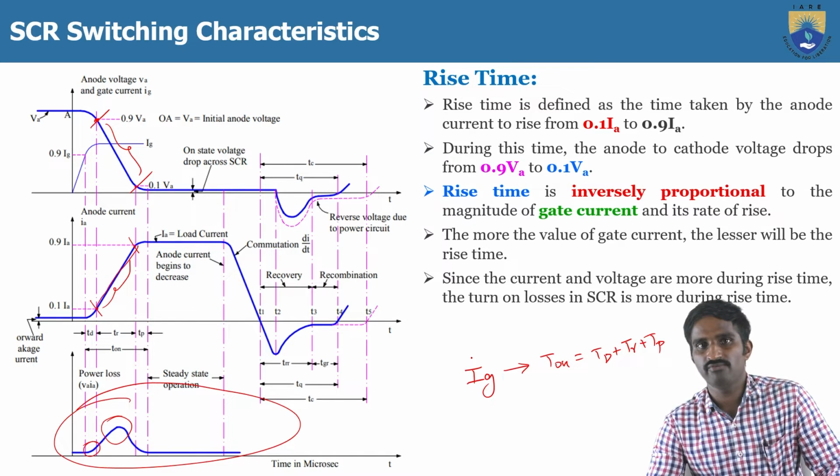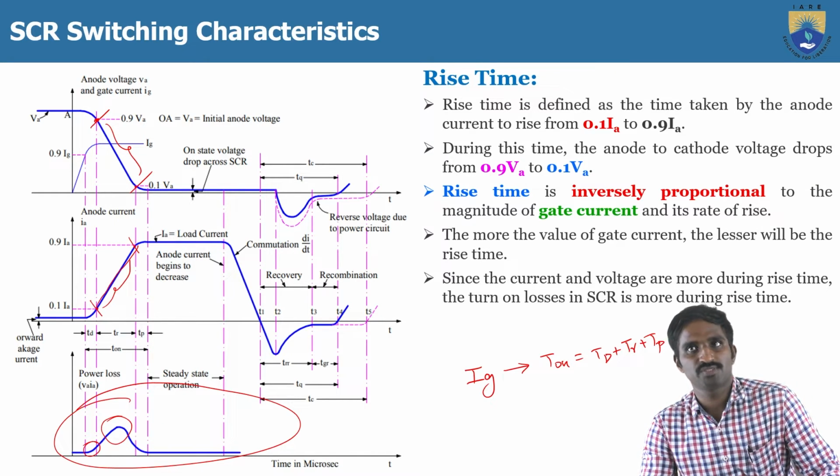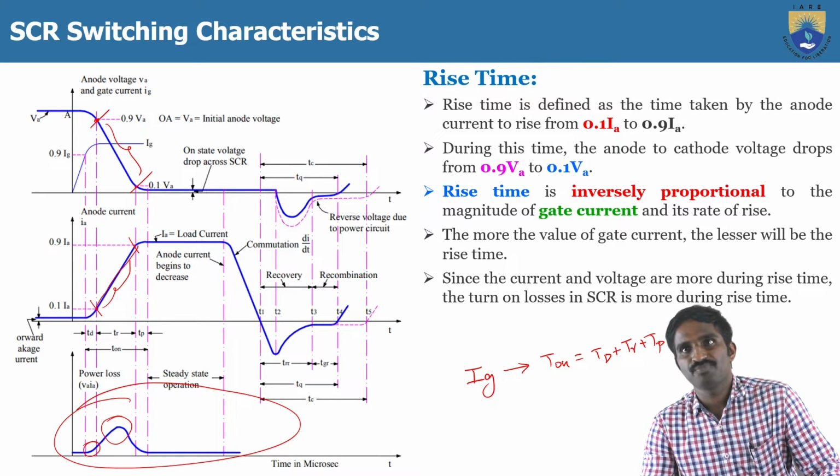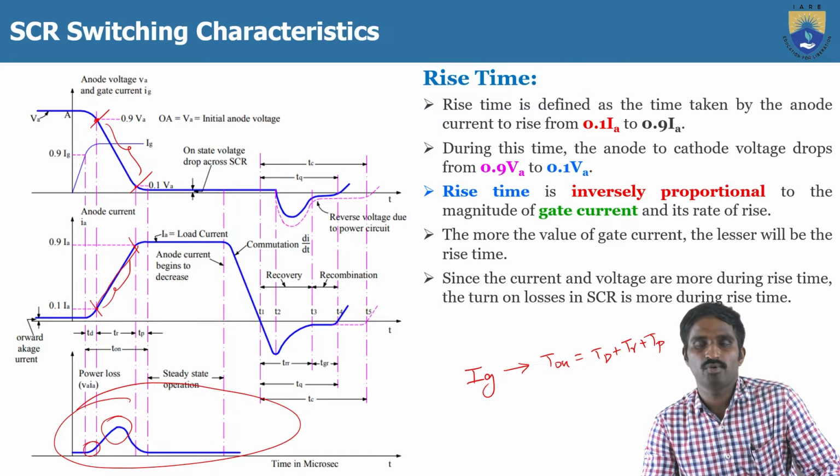The rise time can be defined with respect to IA and with respect to VA. With respect to IA, it is the time taken by the anode current to rise from 0.1 IA to 0.9 IA, and with respect to VA, it is the time taken by the anode to cathode voltage to drop from 0.9 VA to 0.1 VA.